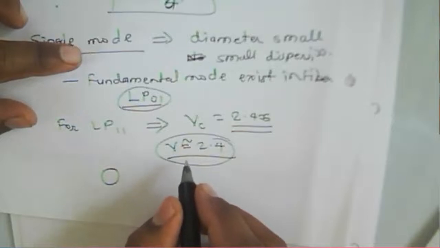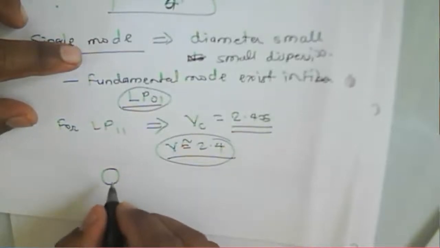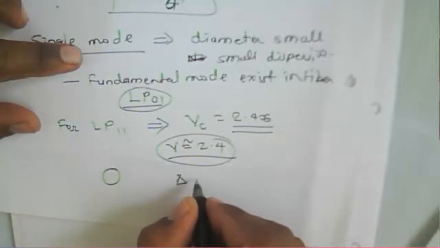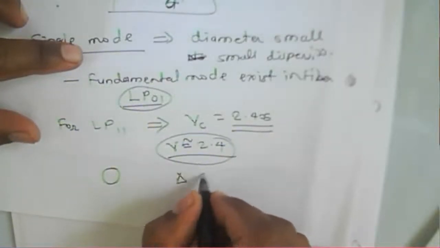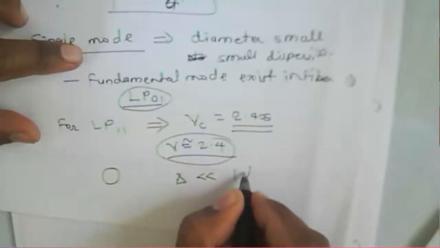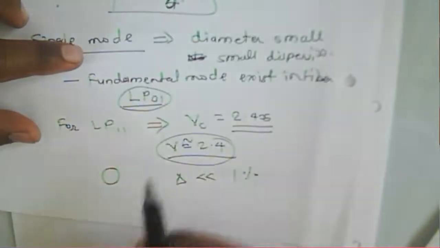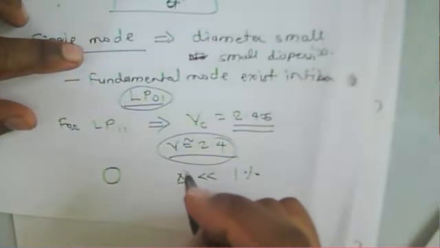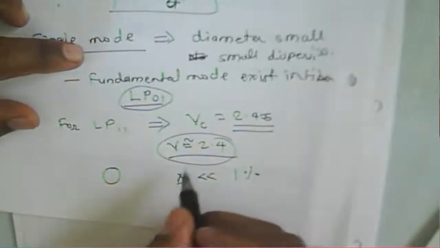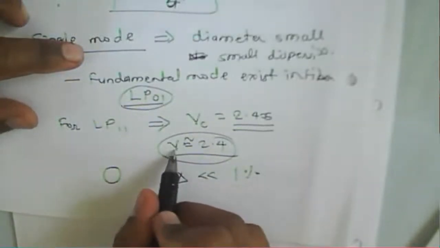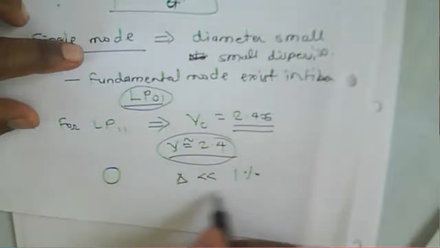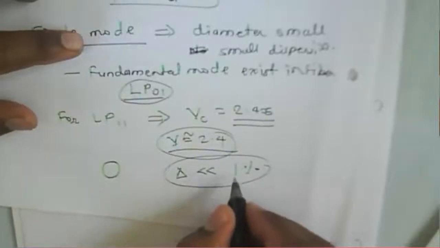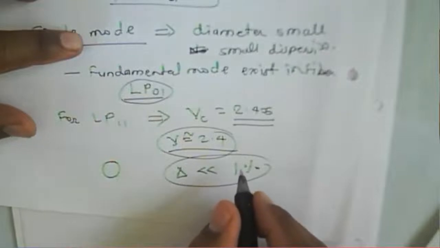Or if we reduce the refractive index difference, and that refractive index difference del is less than 1%, in that case the normalized frequency factor can change. It can change by reducing the core diameter, or with the refractive index difference being less than 1%.